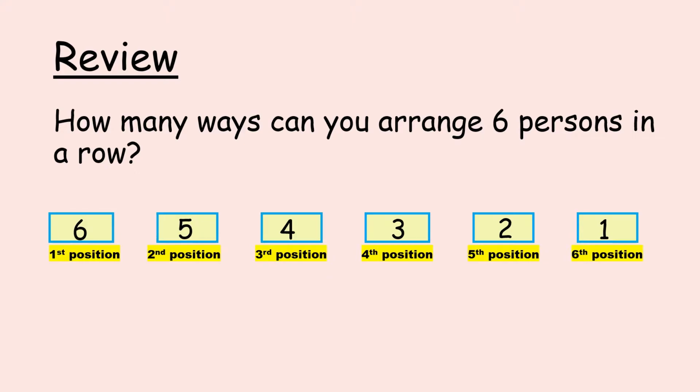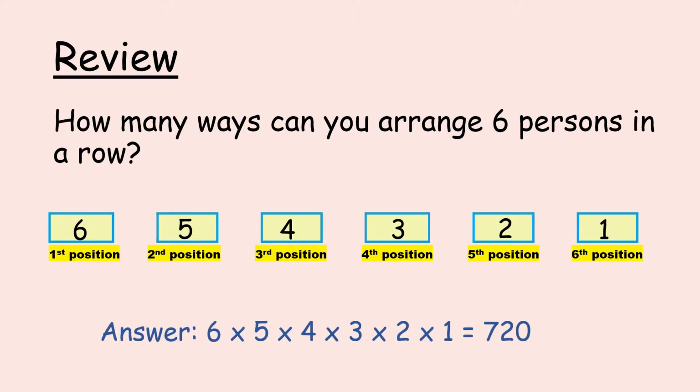If you want to get the answer to how many ways you can arrange 6 persons in a row using the fundamental counting principle, we multiply the choices for your selections. Therefore, we will have 6 times 5 times 4 times 3 times 2 times 1, which is equal to 720.